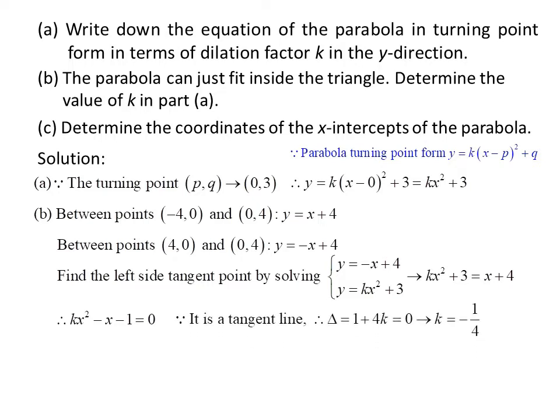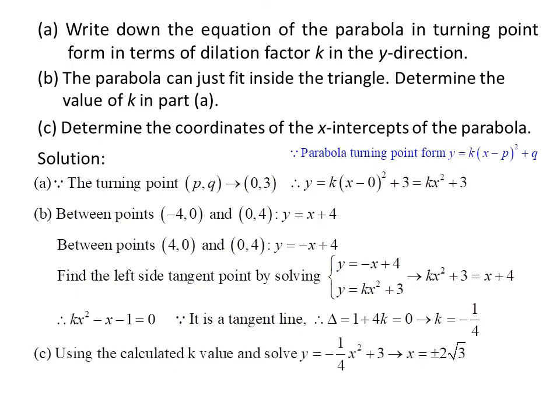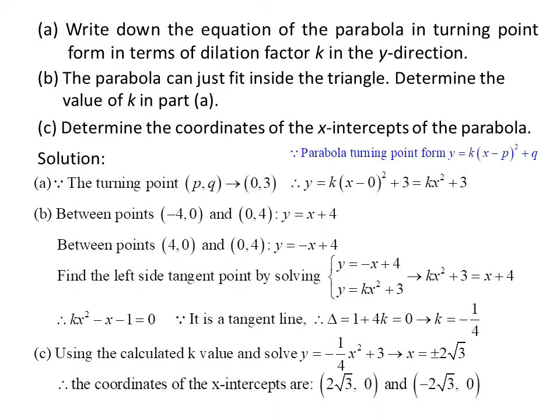Thus we calculate the value of k, which is equal to -1/4. We back substitute the calculated value of k into the parabola equation and set y equal to 0. Then we can calculate the value of x, which is 2 square root 3 or -2 square root 3. They are the coordinates of the x-intercepts.